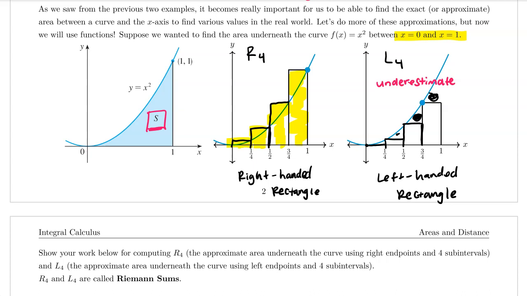It's that white space there. And then R sub 4 is going to be an overestimate in this scenario, since we have this stuff above our curve that we're accounting for that's not actually underneath the curve. So let's keep that in mind as we are calculating R4 and L4.